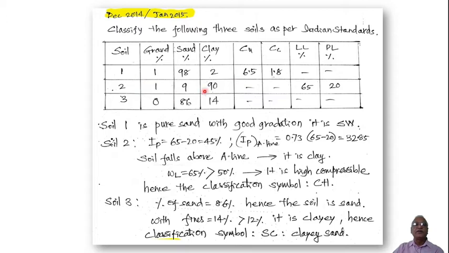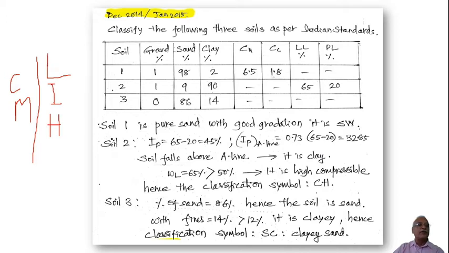Fine grained soil in the sense it will be clay or silt. Only thing is, whenever we say clay or silt, it is C or M, but classification should carry one more letter along with this. The letters are L, I and then H, depending upon whether it has a low compressibility, intermediate compressibility, medium compressibility or high compressibility.